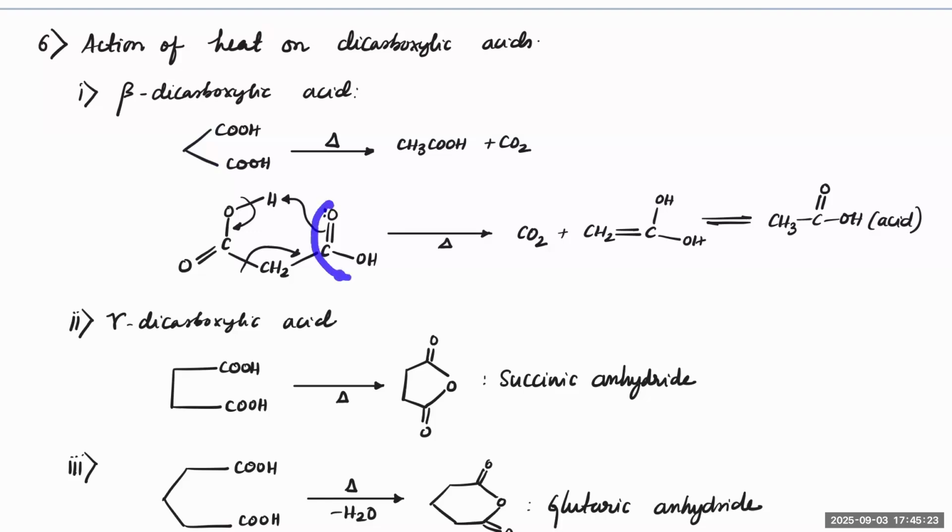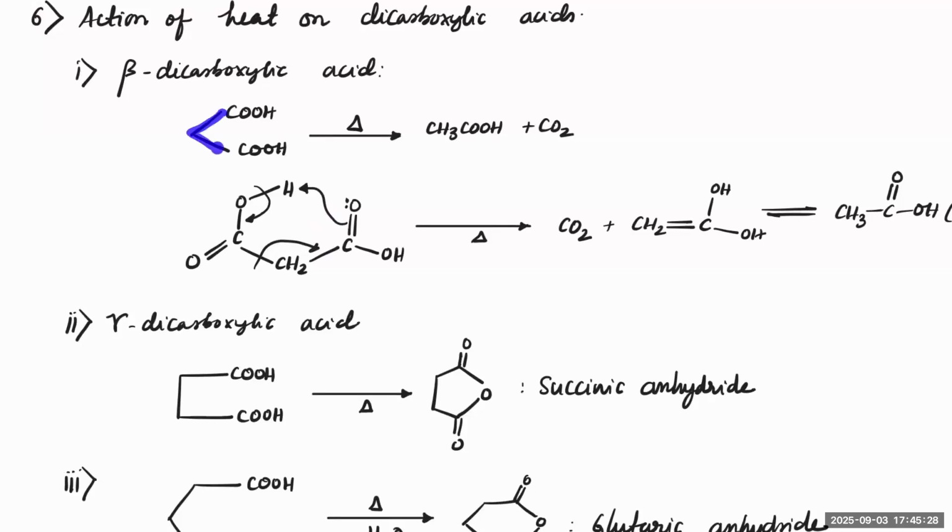Directly one of the CO2 molecules will come out. See how it will take place. If I put this into a structure thoroughly, this COOH can be written as C double bond O and OH. Now, as you write that, the lone pair present on this oxygen will take H plus, and thereafter this bond will break to make a double bond, and carbon cannot hold 5 bonds, so this will break the bond with carbon, and this carbon has to make a double bond, so this pi bond will shift onto oxygen.